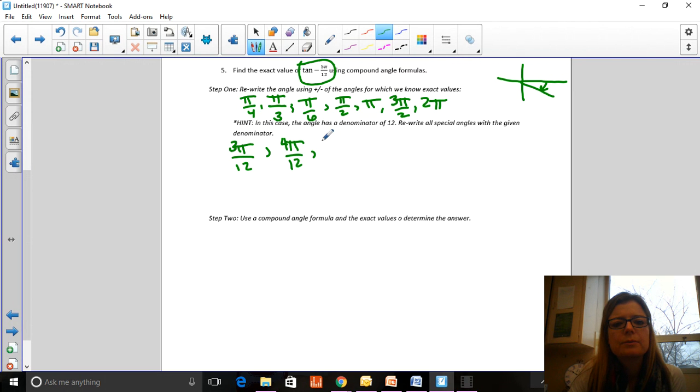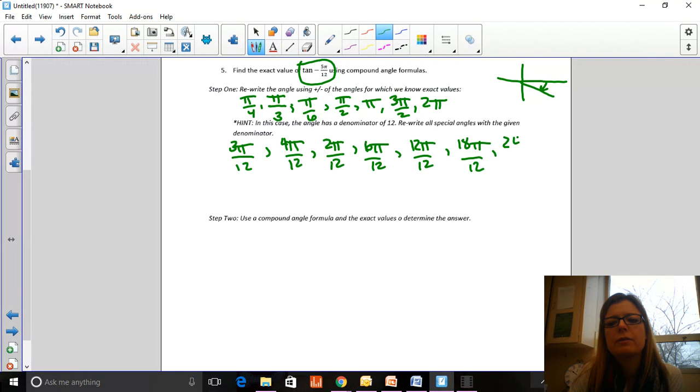Pi over 6 would be 2 pi over 12. Pi over 2 would be 6 pi over 12. Pi would be 12 pi over 12. 3 pi over 2 would be 18 pi over 12. And then 2 pi would be 24 pi over 12. So these are the exact same angles, just written with a common denominator of 12.